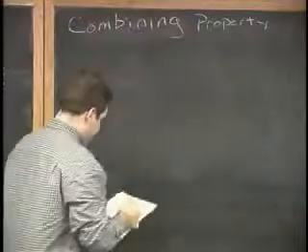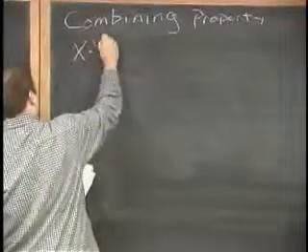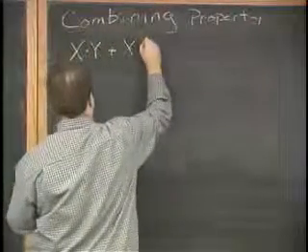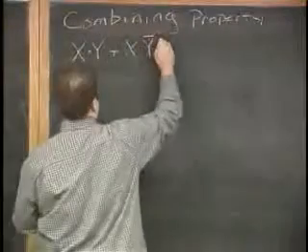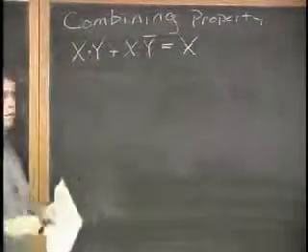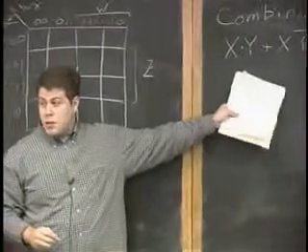And what this says is that x and y plus x and y not equals x. Does that make everybody remember that? That was one of your logic properties that you remembered.